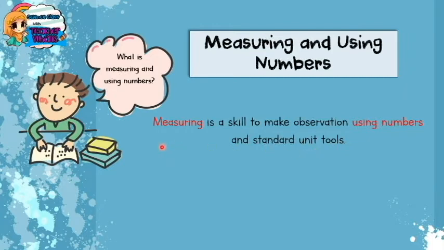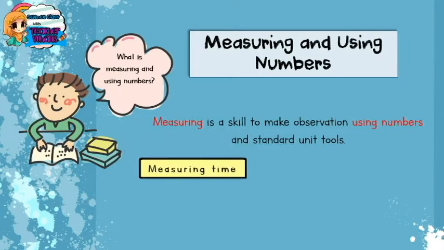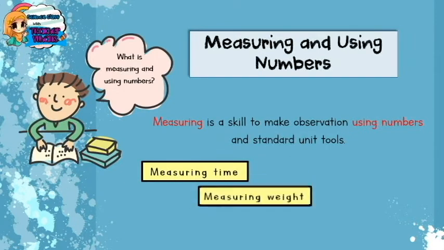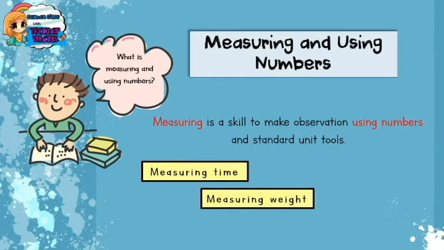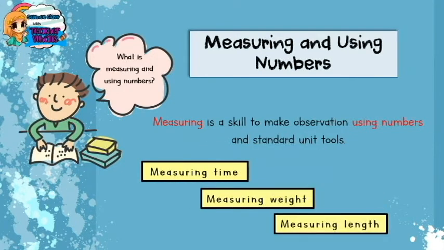This means students have to use numbers and tools to make observation about an event or an object. In this topic, we will learn how to measure time, how to measure weight, and how to measure length.